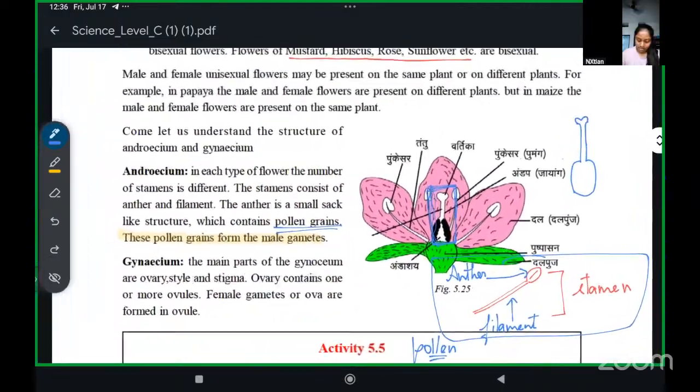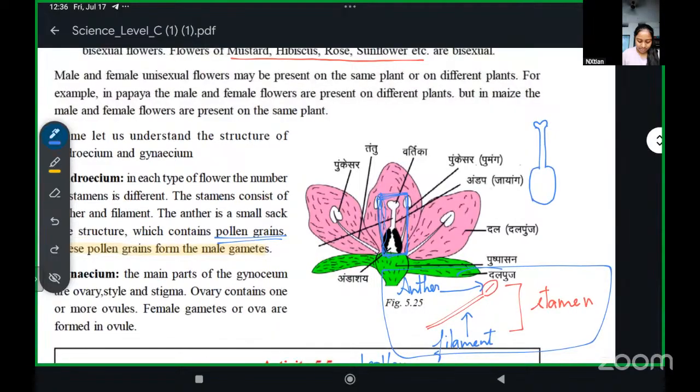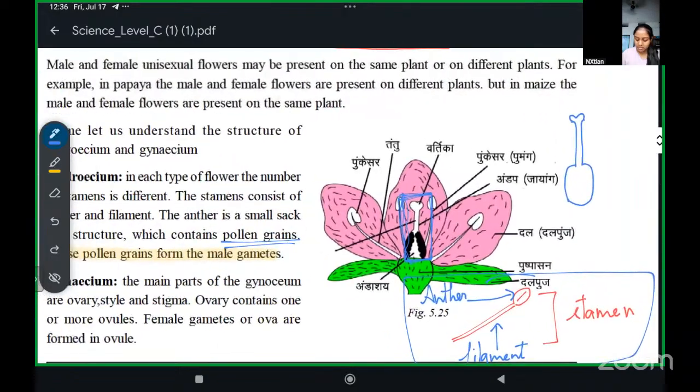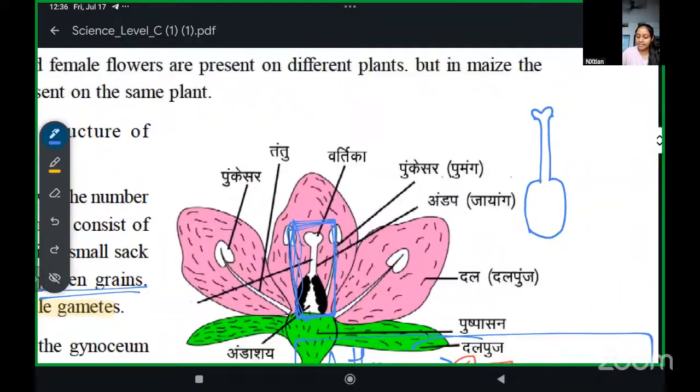It has three parts: ovary, style, and stigma.